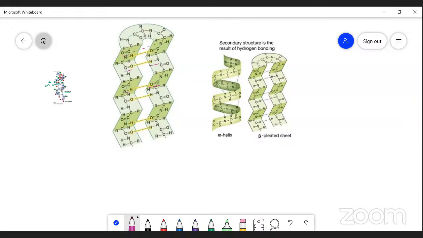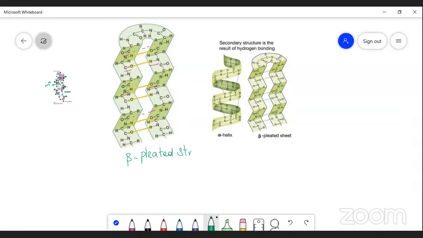There is a formation of hydrogen bonds. More hydrogen bonds are formed between two or more amino acid units. So this is the beta pleated structure of amino acids and proteins.